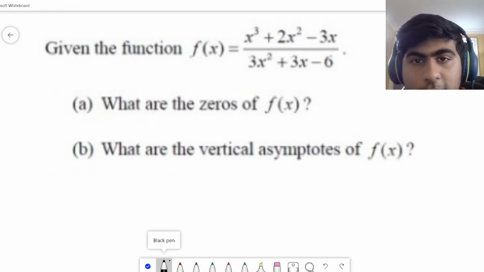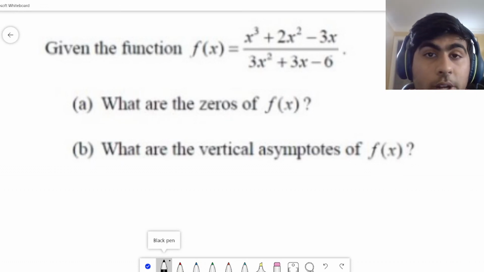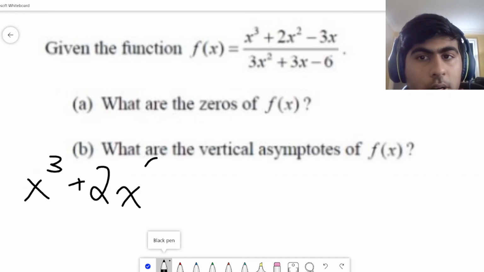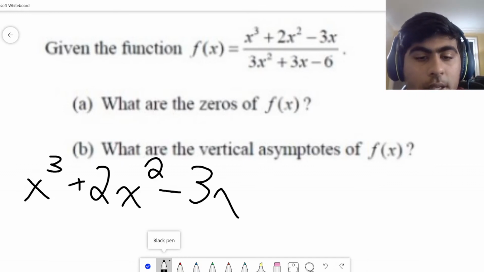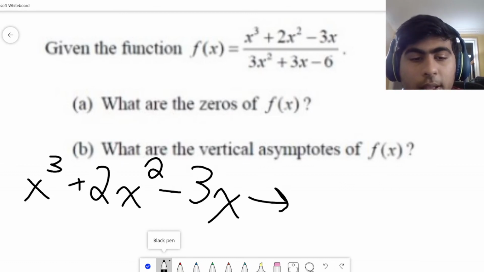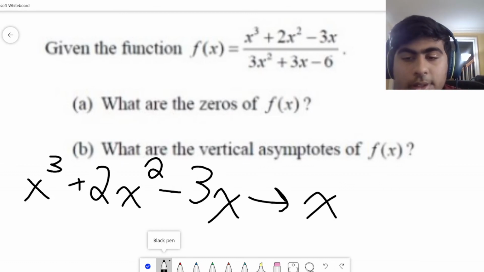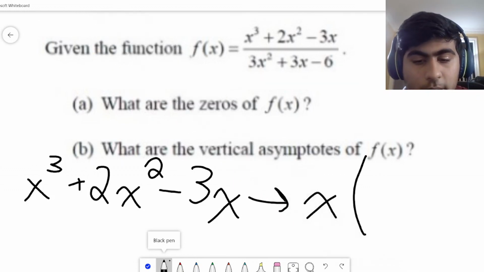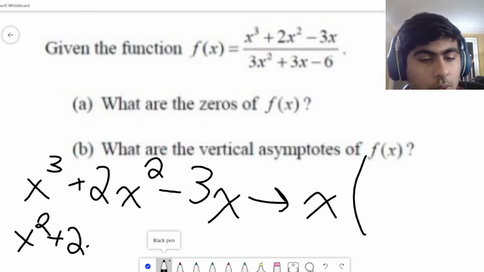So the zeros are obviously, well, the numerator is 0. So we have x cubed plus 2x squared minus 3x. And if we are going to factor that, we end up with x on the outside times, and then if we take that x away, we end up with x squared plus 2x minus 3.